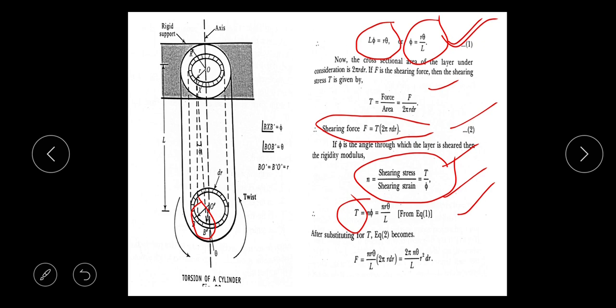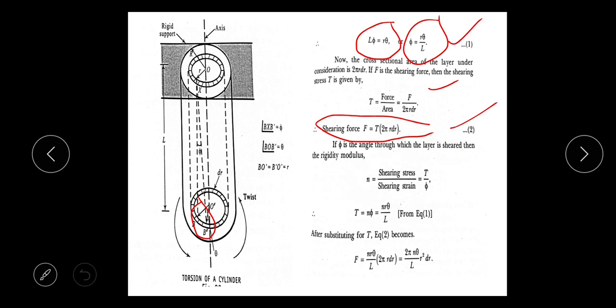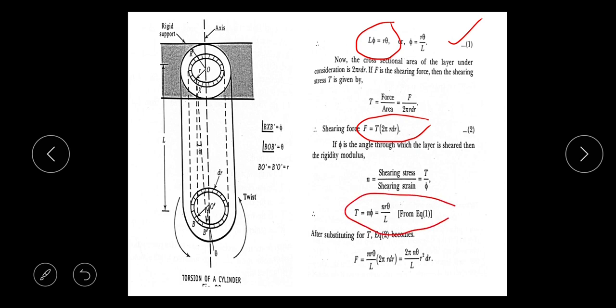After substituting for T, equation 2 becomes: substitute the equation for T in equation 2.